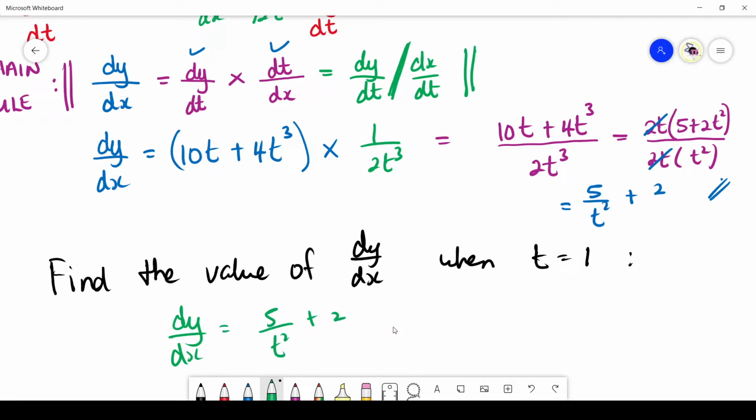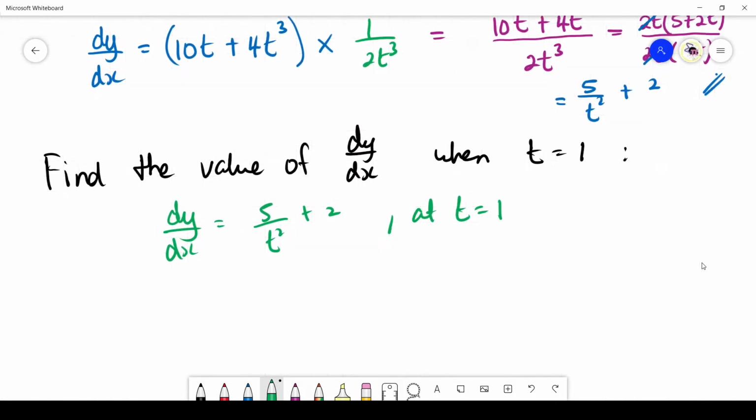Then you can simply say at time t equals 1, or your parameter t equals 1, it will imply that your value for your gradient is going to be equal to 5 on 1 squared plus 2. 5 on 1 squared is simply 5. 5 plus 2 gives us a value of 7, and that's it. So at t equals 1, we found that the value of dy/dx was indeed equal to 7.